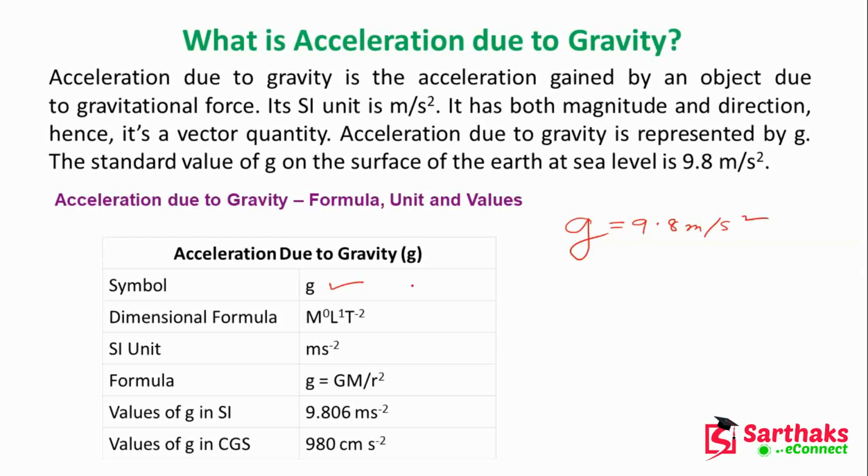That means whenever some body falls towards the earth, whatever gravitational force is acting, the body or object will gain some acceleration. That is called the gravitational acceleration, right? So the SI unit is meter per second square, the formula is g equals to GM by R square, and the value is 9.8 meter per second square.